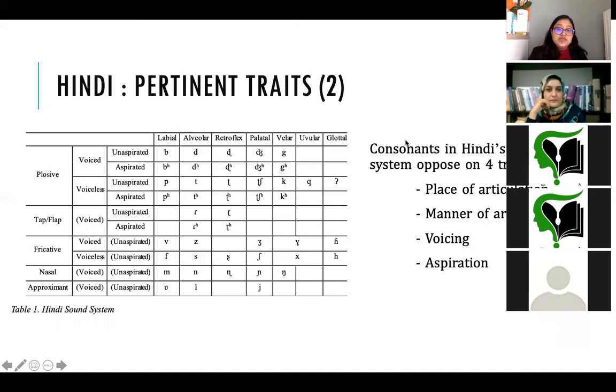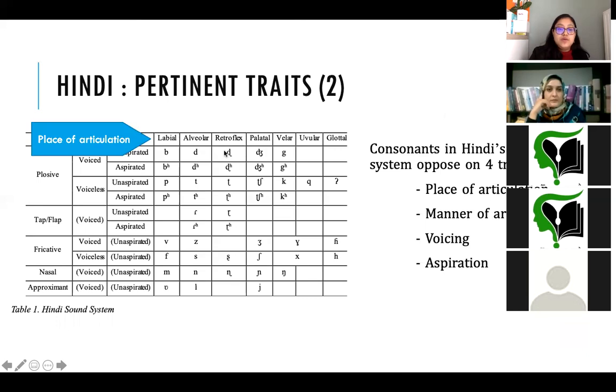Continuing with pertinent traits, consonants in Hindi's phonological system oppose on 4 traits. You have manner of articulation, place of articulation, voicing, and aspiration. So we have place of articulation, which can be labial, alveolar, retroflex.